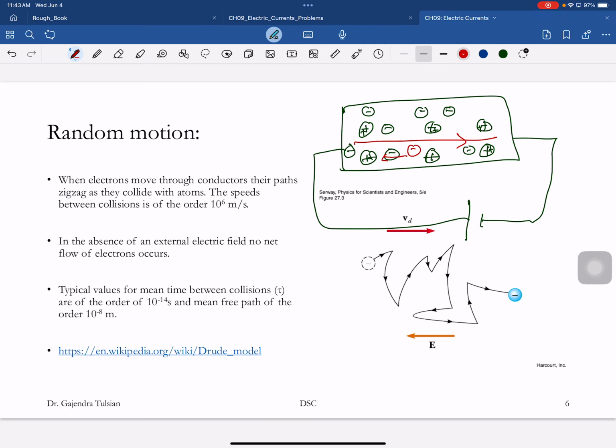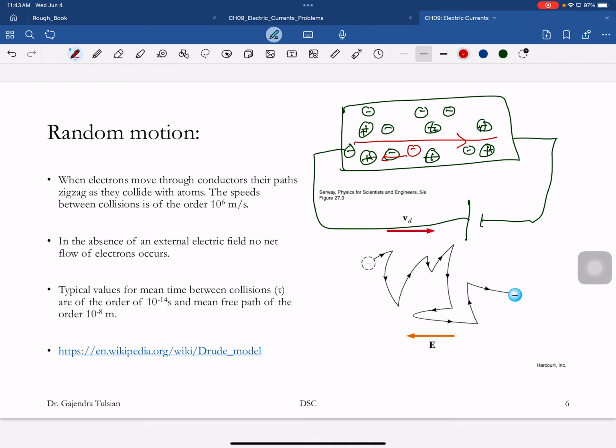So on top of this 1,000 kilometers a second random motion, there's this 1 millimeter a second motion. And that is part of the current. That's the current.